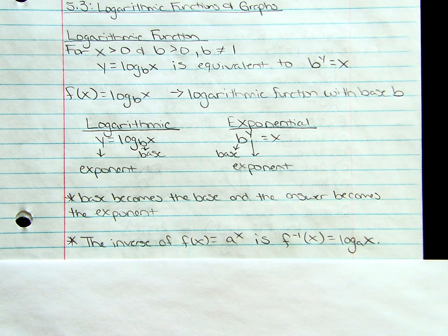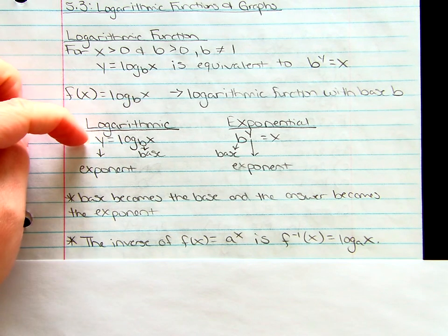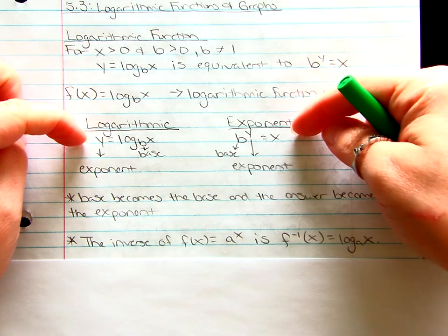And so you're going to hear me today and a lot more times as we move forward in this chapter say these next few words: the base becomes the base, and the answer becomes the exponent. You're going to hear me say that over and over again, because as we go from logarithms into exponentials, that's what we're doing.